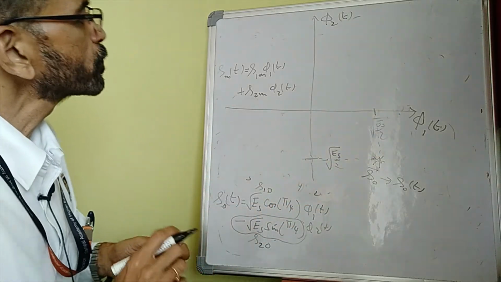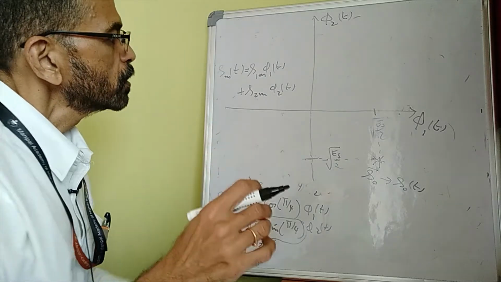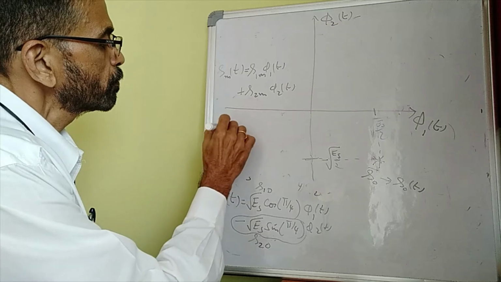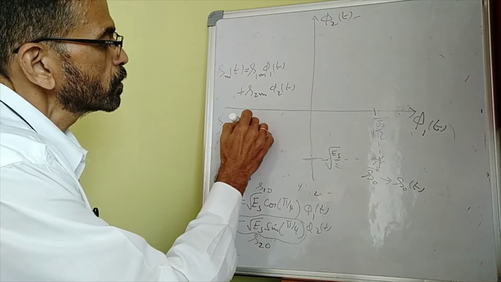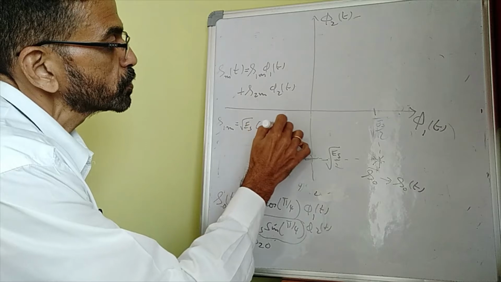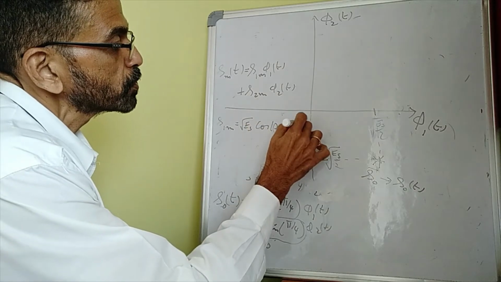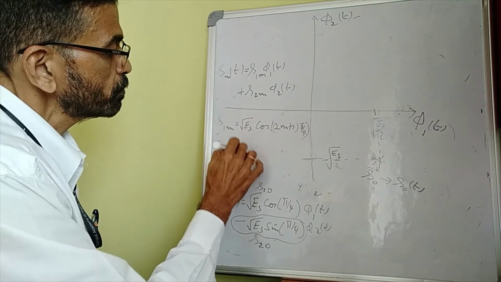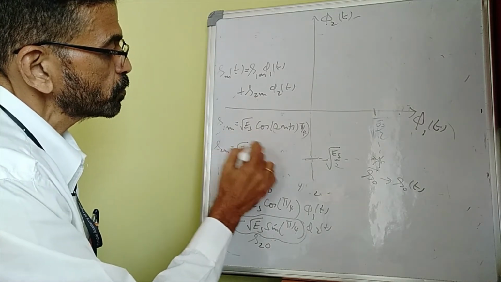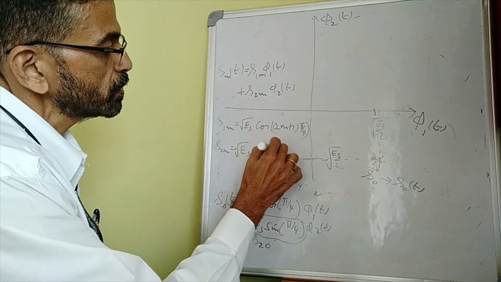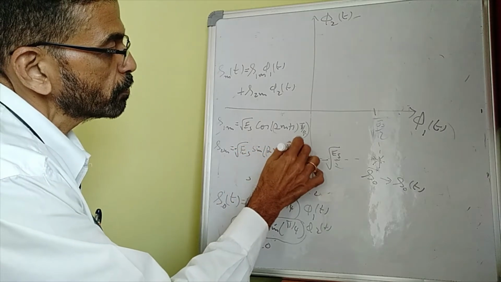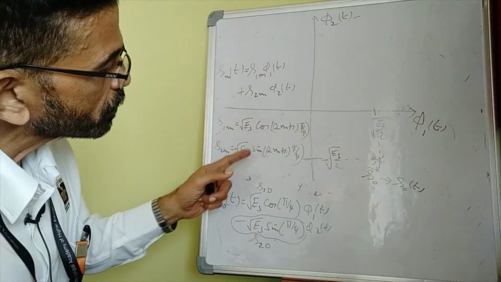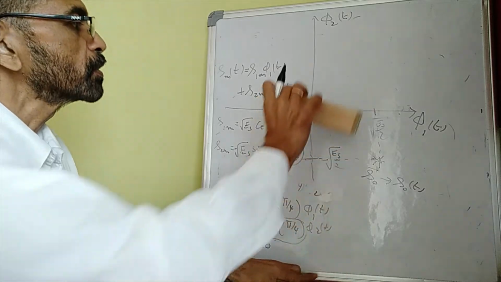So moving on, remember S1m is root Es cos (2m+1)π/4, and S2m is minus root Es sin (2m+1)π/4. So for m equal to 0 we have seen what happens. Now let's see what happens for m equal to 1.